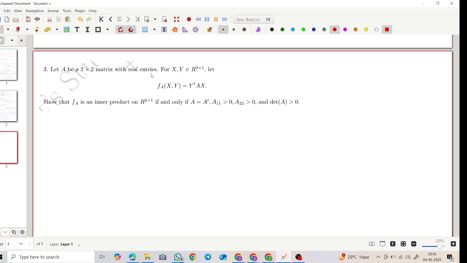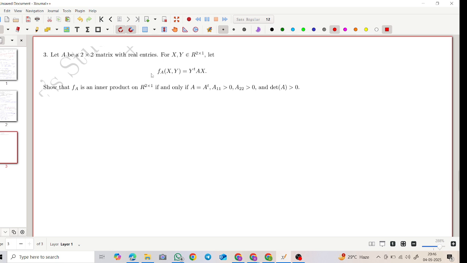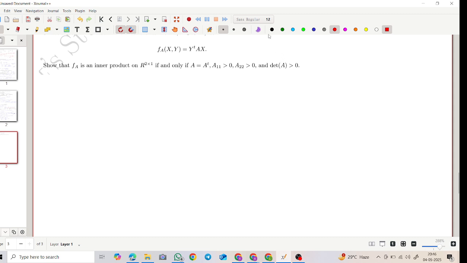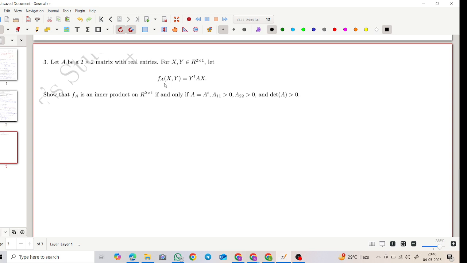Show that f_A is an inner product. So you understand what they mean by saying f_A is an inner product? They are defining x inner product y to be this, and they are telling you to check that if this is indeed an inner product, this will happen.